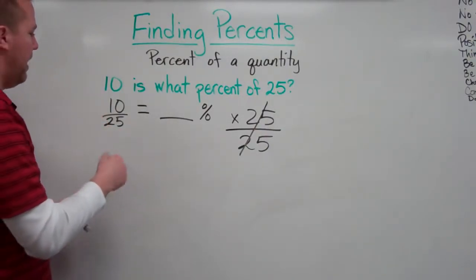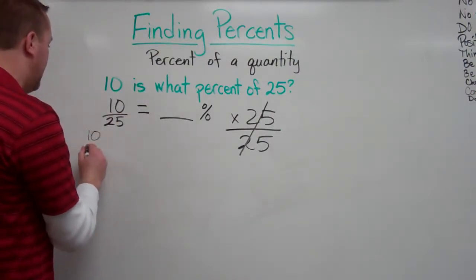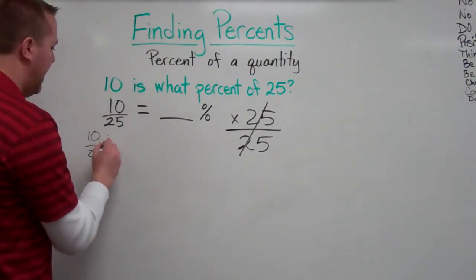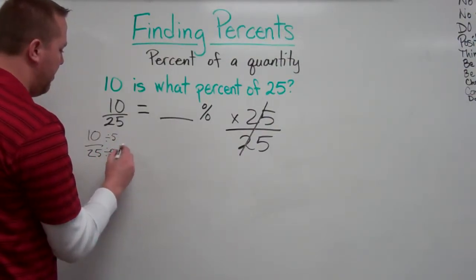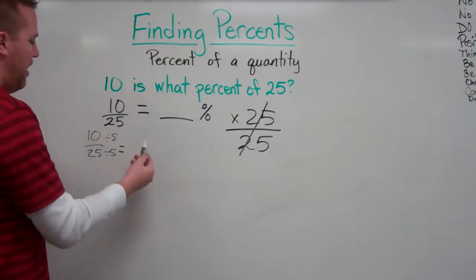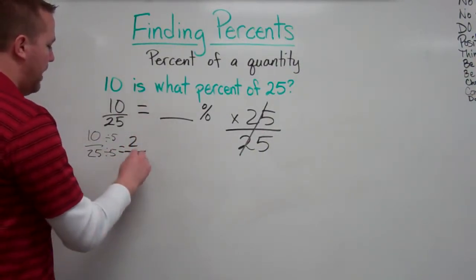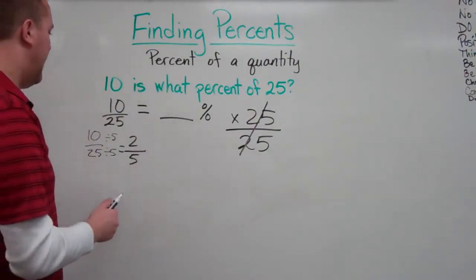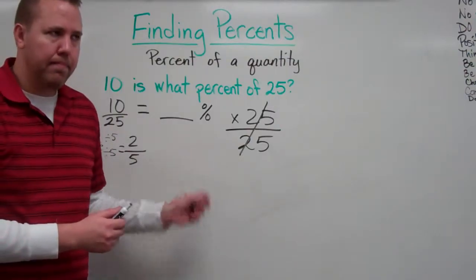So now we have 10 25ths. Let's just simplify that by looking for something that goes into both those numbers. So 10 over 25, I know that 5 goes into both of those numbers. So I'm just going to simplify this fraction by dividing 10 and 25 by their greatest common factor. 10 divided by 5 equals 2. 25 divided by 5 equals 5. So 2/5 equals blank percent.